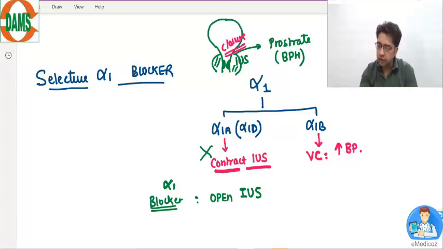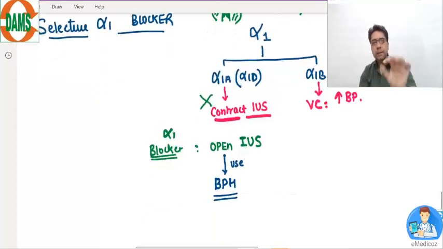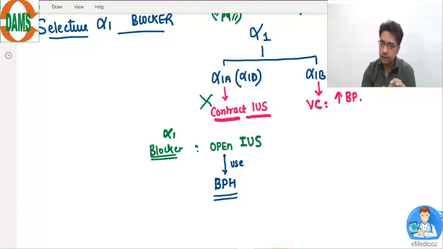So alpha blockers are used in BPH. Again, if you give an alpha blocker, they will produce vasodilation. Vasodilation will decrease blood pressure. Hence, they are used in the treatment of hypertension.